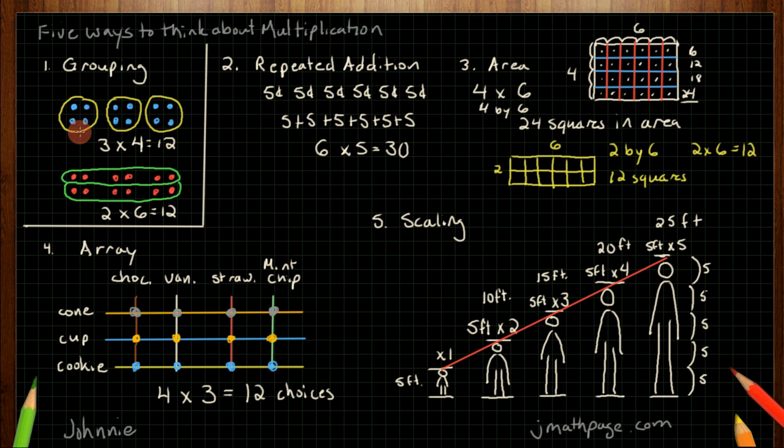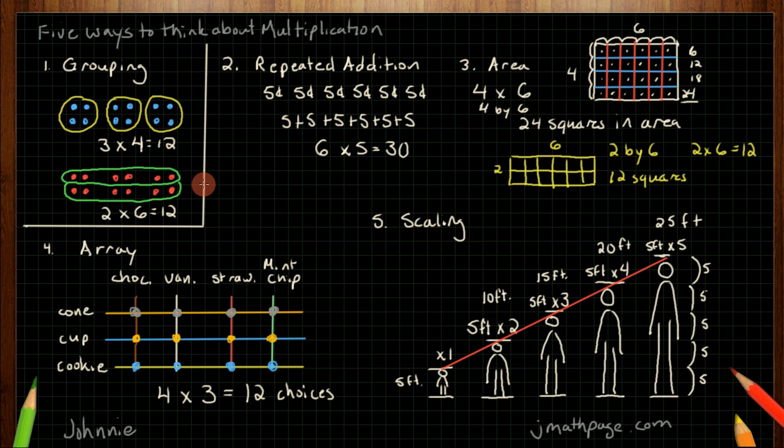So the most important thing though is that all the groups must have the same number of elements or things inside it. These have to have 4 in each one to make it multiplication, right? 3 times 4. Every one of them has to have 4. This one says 2 times 6. Each group must have the same number, so they have to each have 6 in it. Okay? And that's multiplication as grouping.